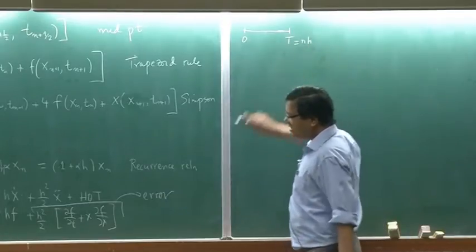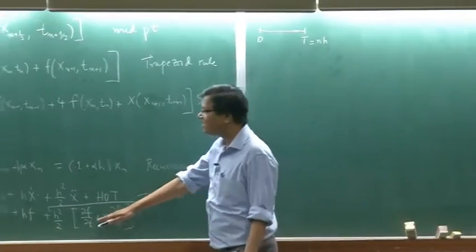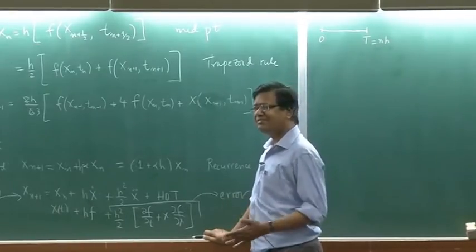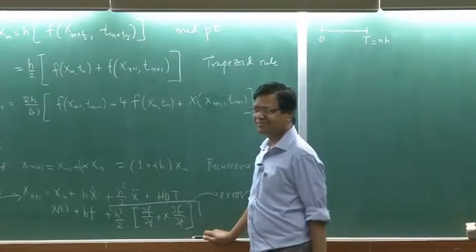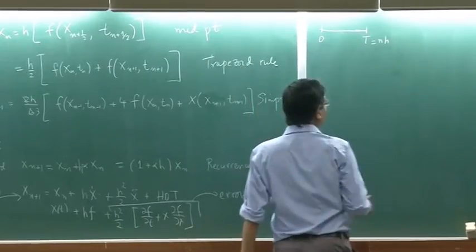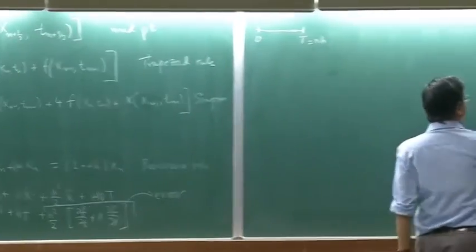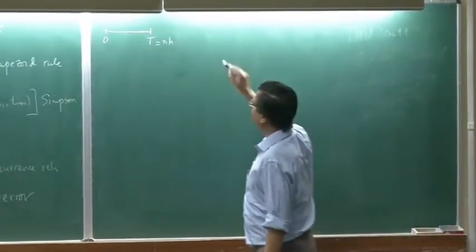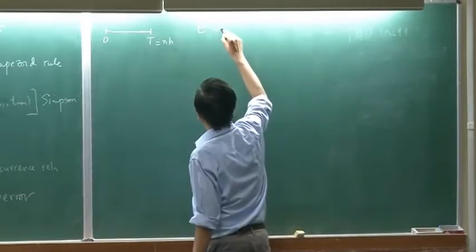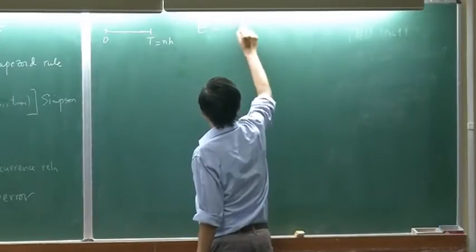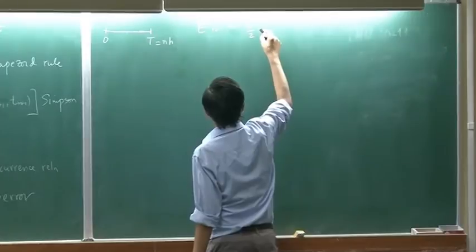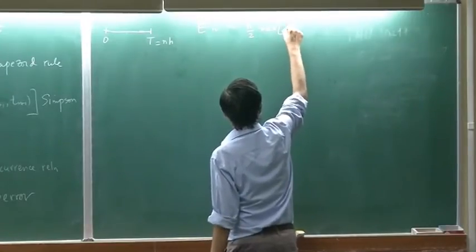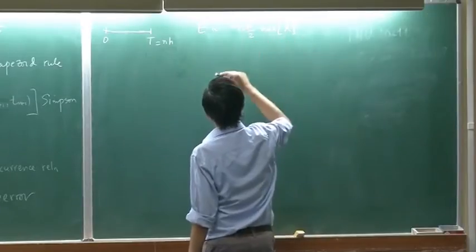Of course, sometimes errors can cancel. So this thing can come with different signs, plus minus sign. But suppose worst case scenario that they all add up. If they all add up, my error will be adding up. So error will be h squared by 2 max of x double dot multiplied by n.